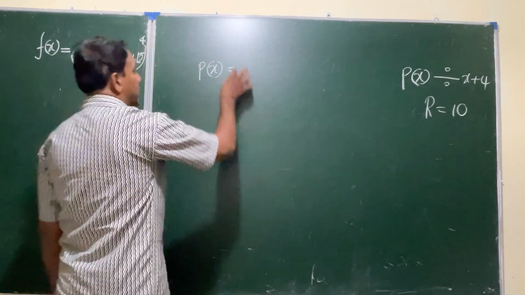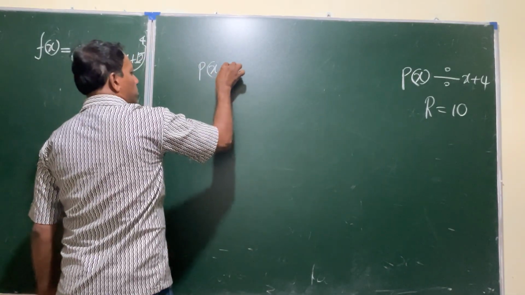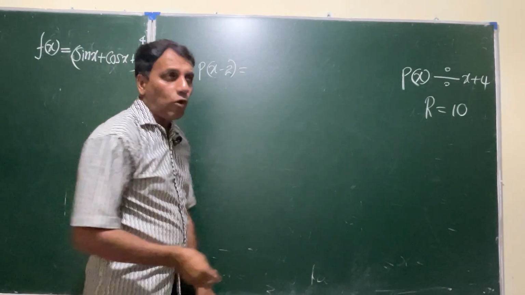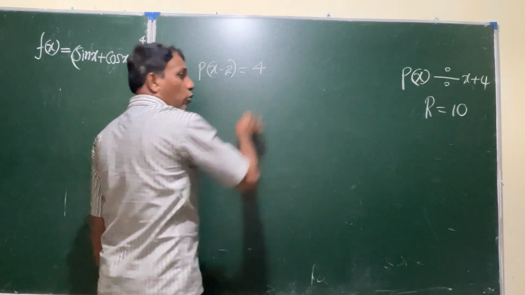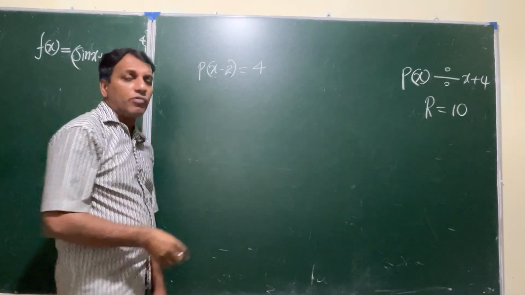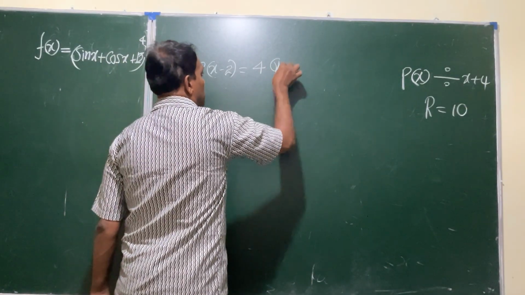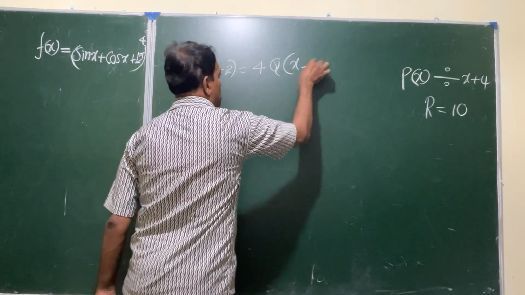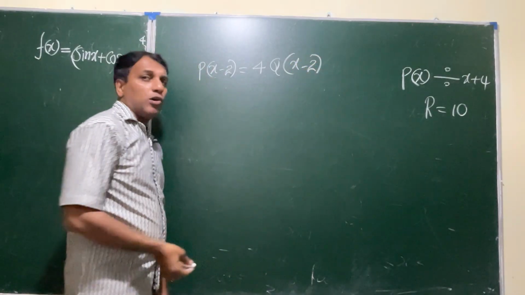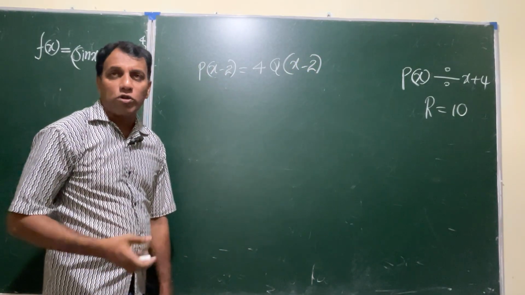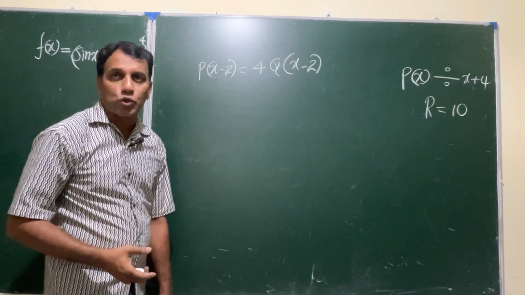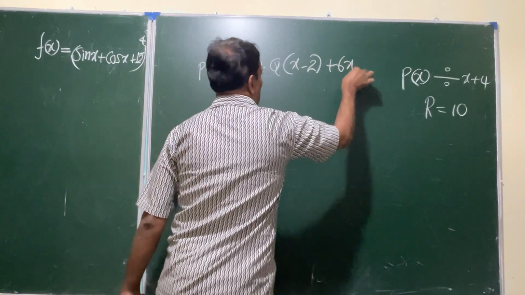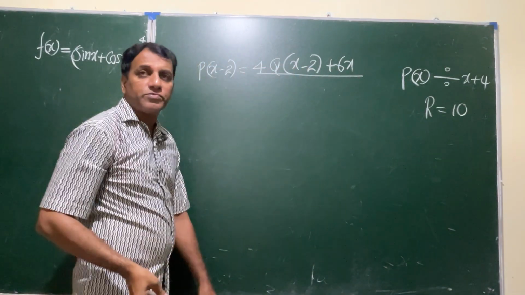p of x minus 2 equals 4 times q of x minus 2 plus 6x over 5.